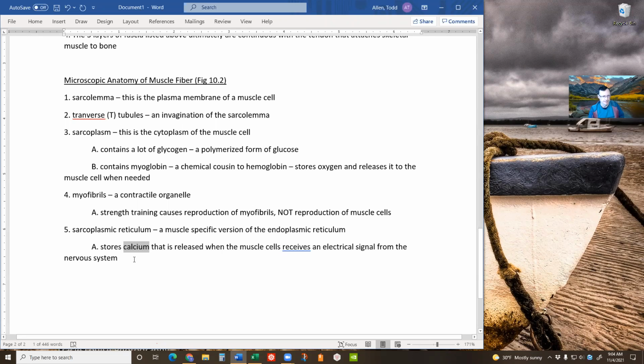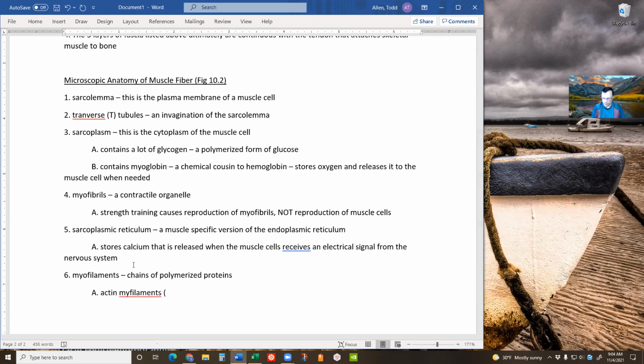Okay, let's continue. Myofilaments. Myofilaments are chains of protein, so polymerized proteins that are linked together. And there are two types of myofilaments you need to be aware of. There are actin myofilaments, which are sometimes referred to as the quote unquote thin filaments.